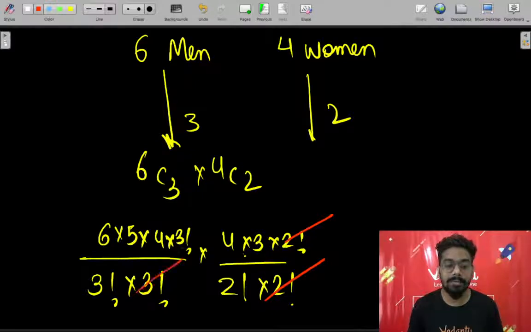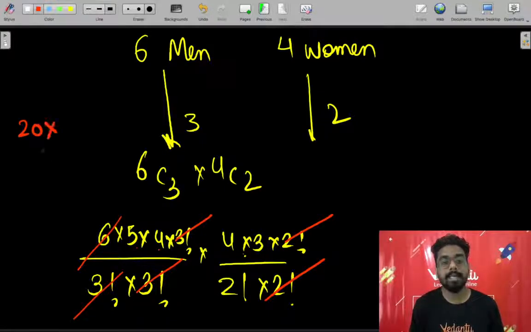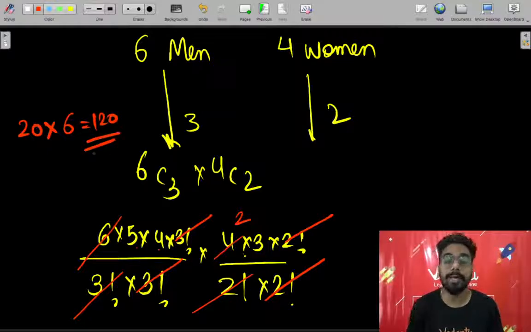We can cancel 3 factorial with 3 factorial. 3 factorial is 6, so we can cancel this one. So 5 into 4, 20. Multiply. This 2 and 4 will give 2 into 3, 6. Answer calculation is 120 different committees we can form if we have 3 men out of 6 and 2 women out of 4. Okay. So total 120 different committees we can form.